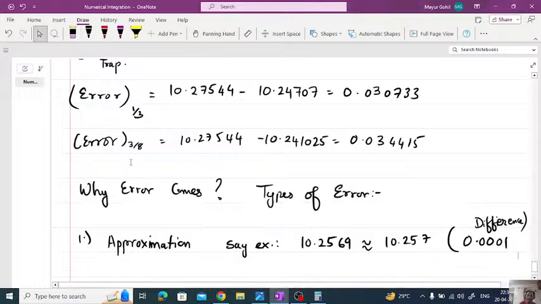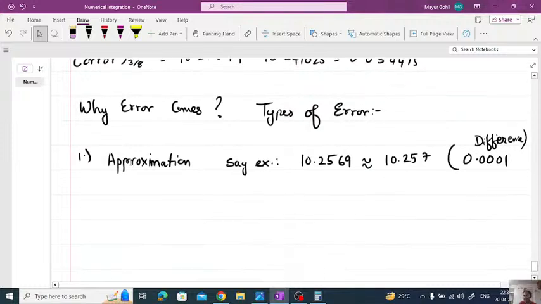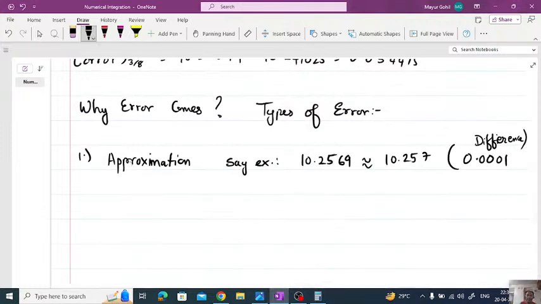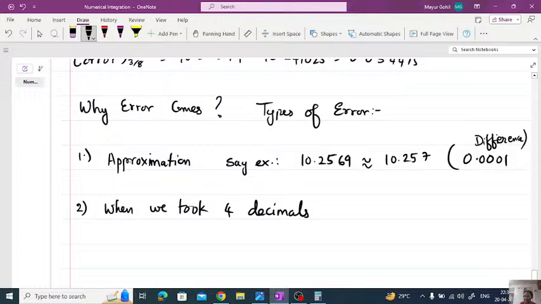Now sometimes truncation happens. We have already done truncation. When we took four decimals, our answer already got reduced, right?